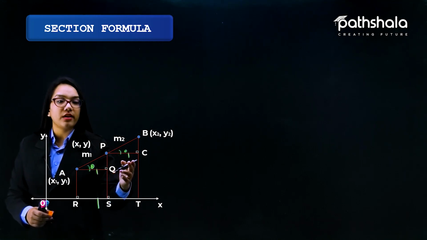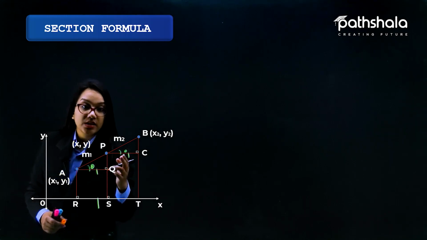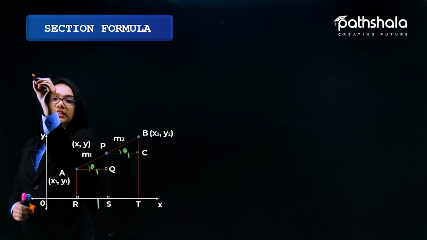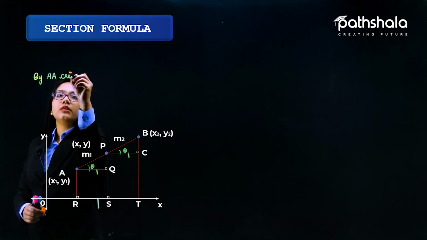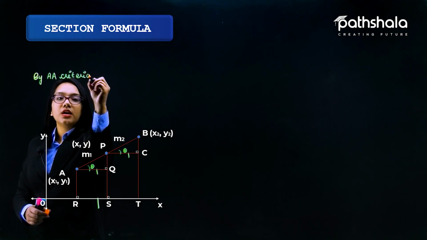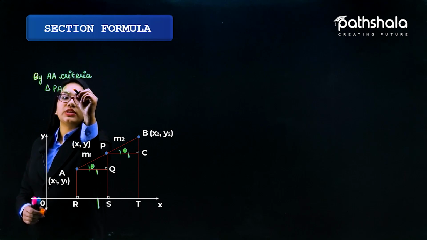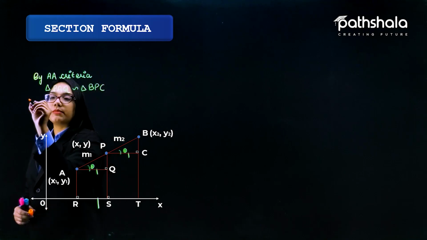Both of these lines are parallel to each other. So if this angle is theta, then this angle is theta again. So by the angle criteria, the triangle PAQ is similar to the triangle BPC.